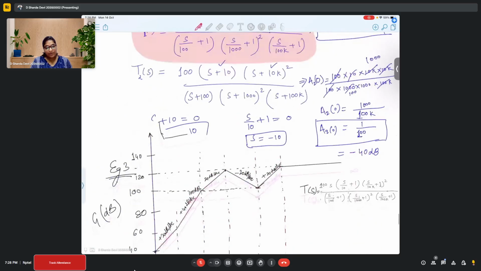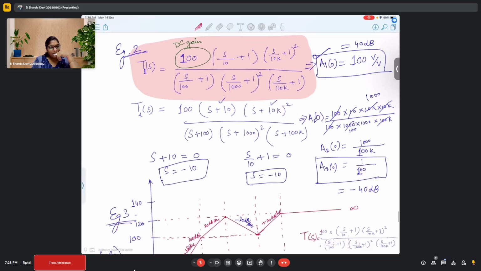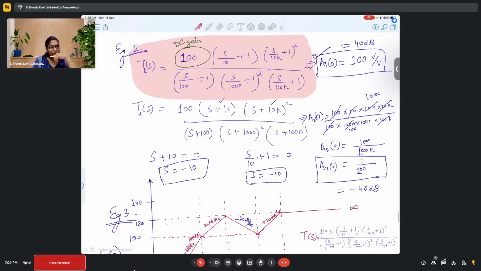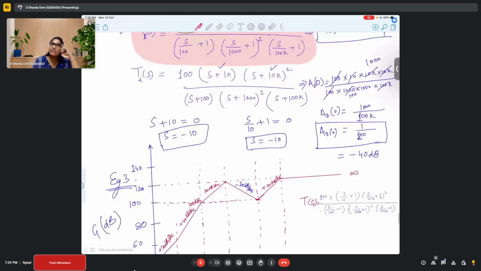Because if you observe the system, at the end you have a pole, so it's more like a single pole system.